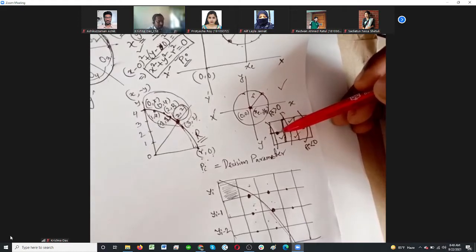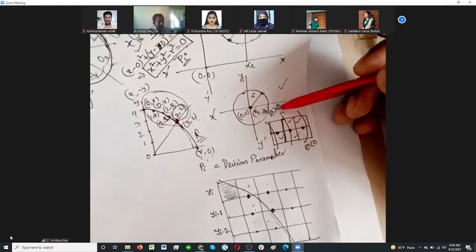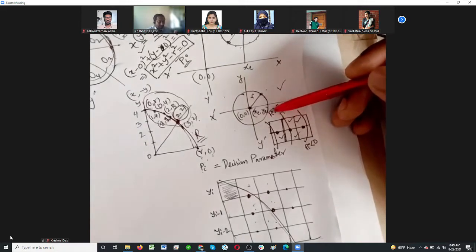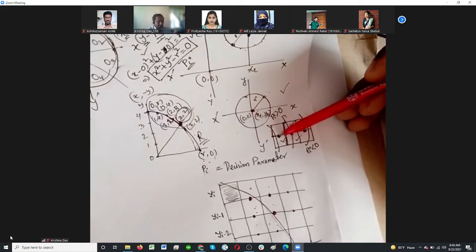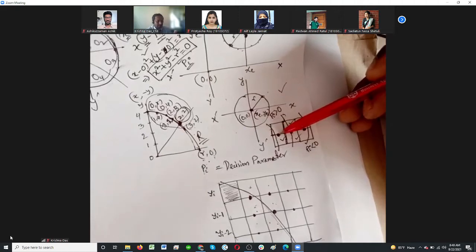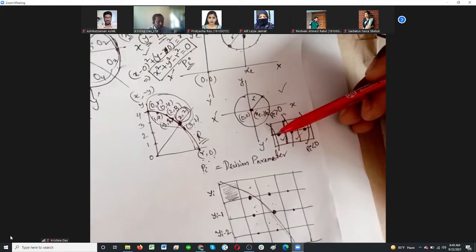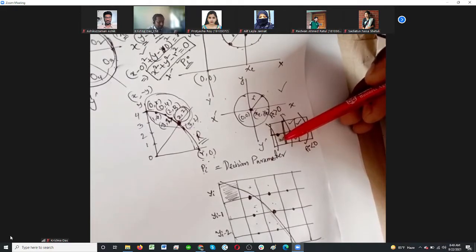That means it's going outside, and if it is greater than 0, that is the decision parameter later, but that equation is applied on that point and it is getting greater than 0. That's why it is outside. So in this scenario the lower one would be considered.